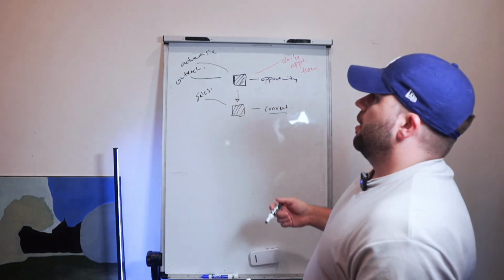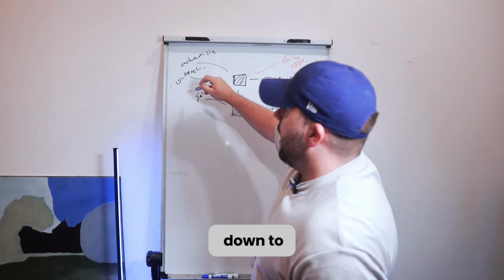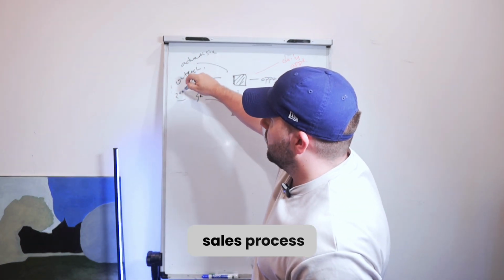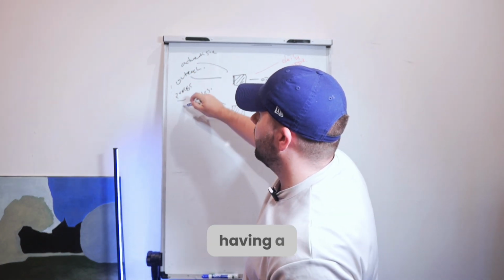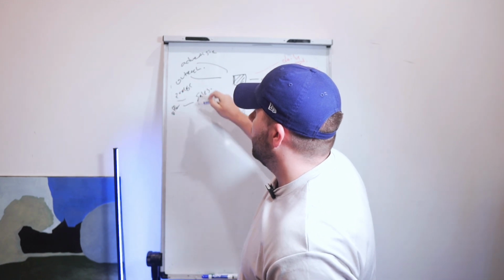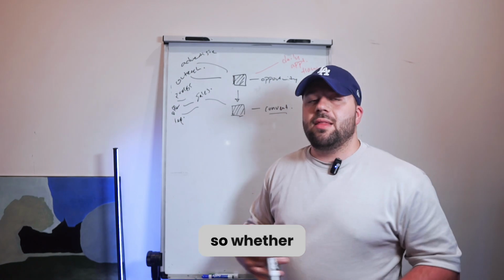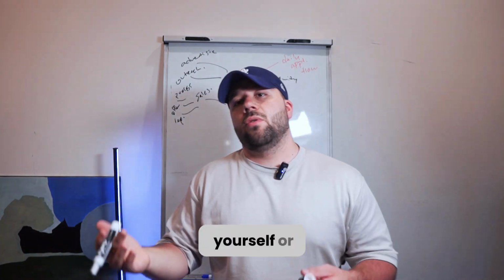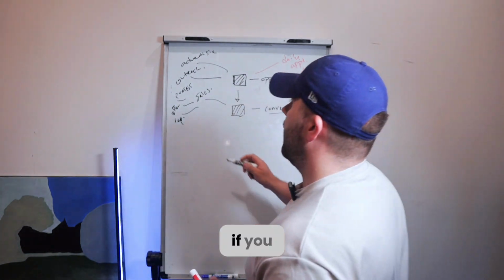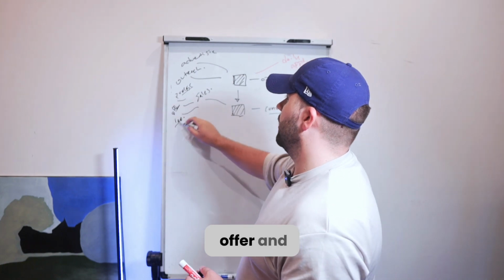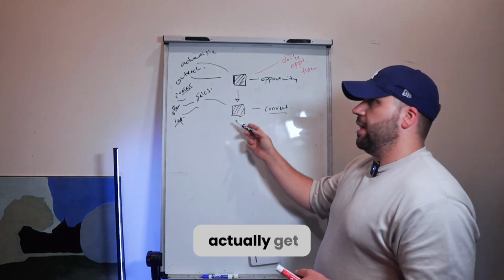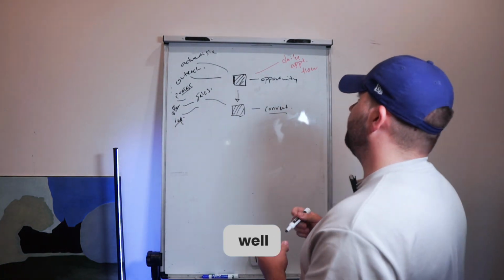This comes down to having a sales process, a good offer or pitch, and a good sales rep. Whether the sales rep is yourself or another person, if you have a good process, a good offer, and a good rep, you can get the conversion working quite well.